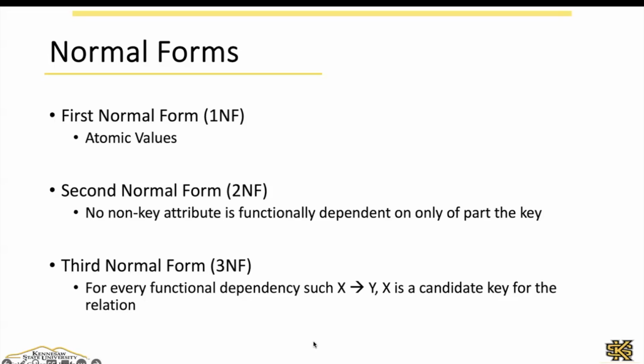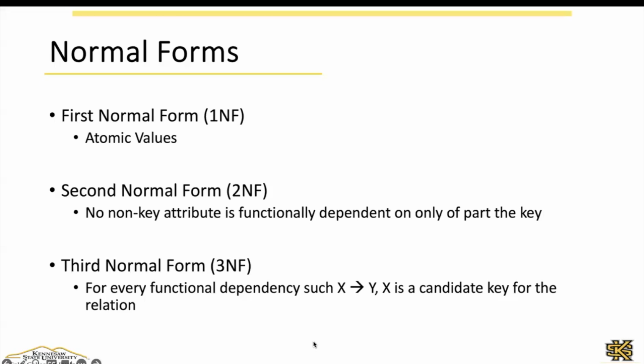In second normal form, every non-key attribute must be fully and completely dependent on the entire primary key, not just part of it. And the third one, the third normal form, 3NF, takes things a step further.